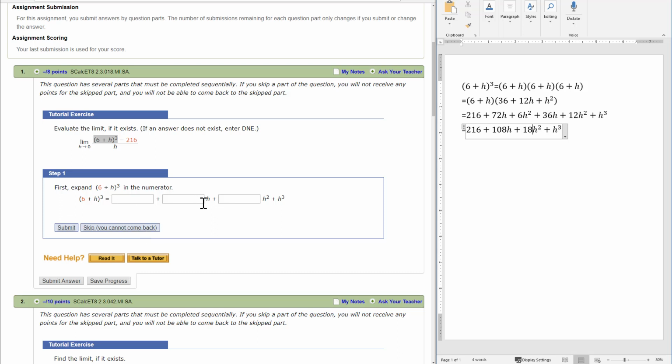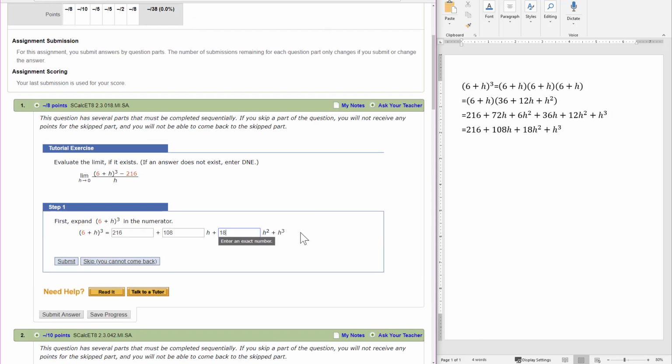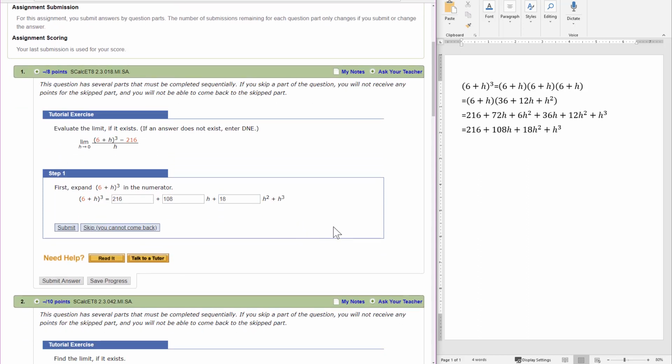So that is going to be the coefficients that they're looking for here. So the constant is 216 plus 108h, and then the h squared term has a coefficient of 18, and then we have the h cubed. Alright, so that's the first part.